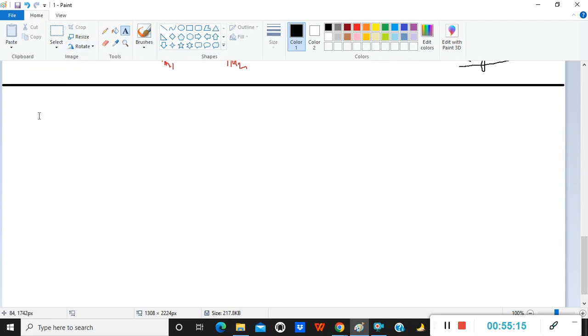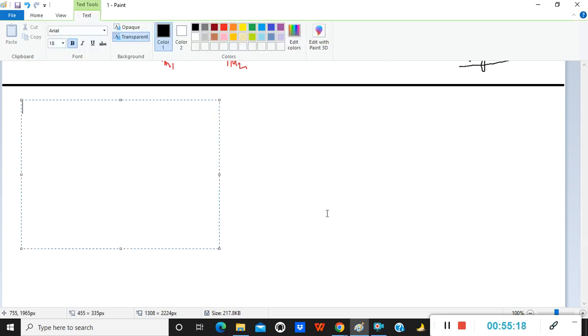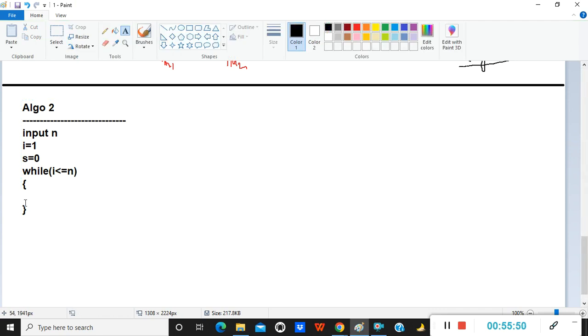Next, we have another type of algorithm. Suppose, say, algo 2. Input n, I is equal to 1, S is equal to, say, 0, and we are using a loop while I is less than or equal to n. I hope you will have no problem writing this simple algorithm.